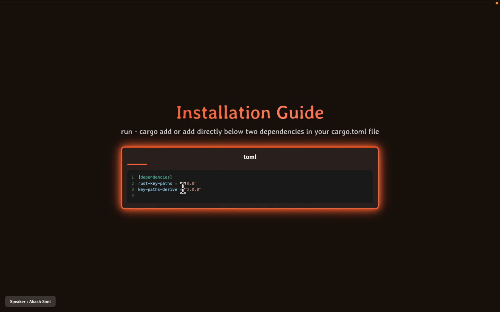We can optionally add some features like parking_lot and Tokio in order to add additional functionality of using RwLock and Mutex of Tokio and parking_lot.